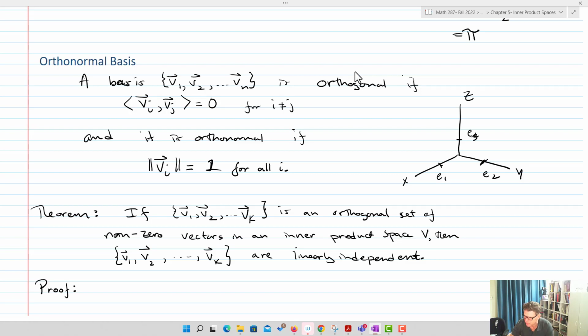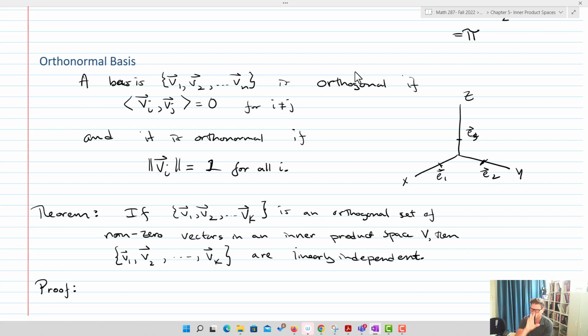E2 gives me the standard basis vector for y, and E3 gives me the standard basis vector for z. And just think about how easy it is to write every vector in that standard basis. We just multiply each of the components by the standard basis vector, and you're done. You've got everything that you possibly need.